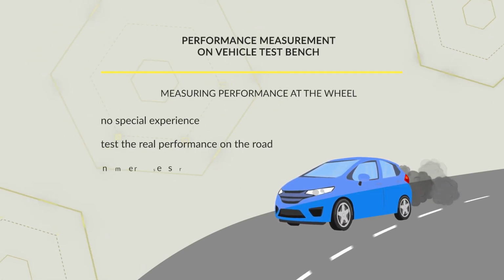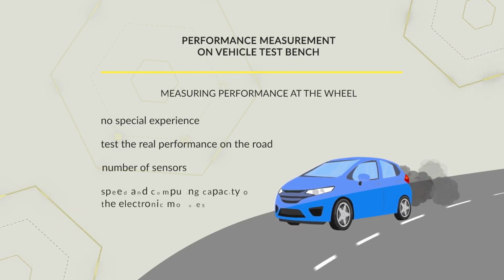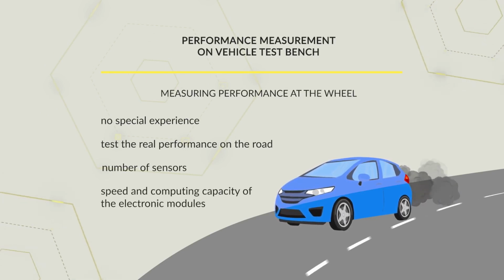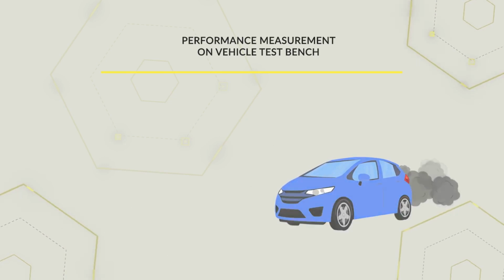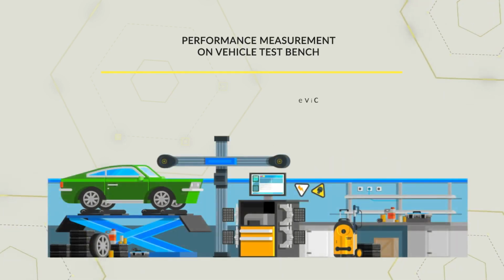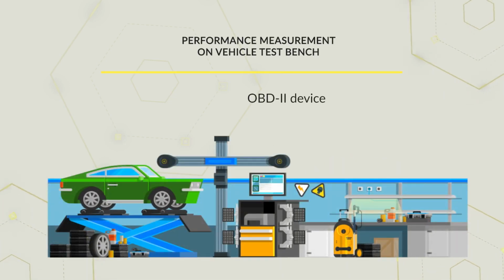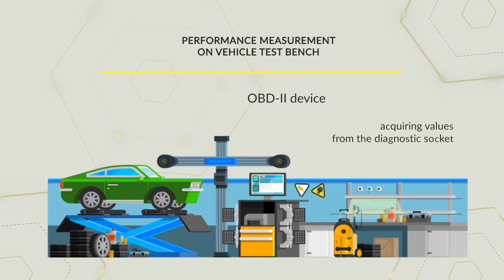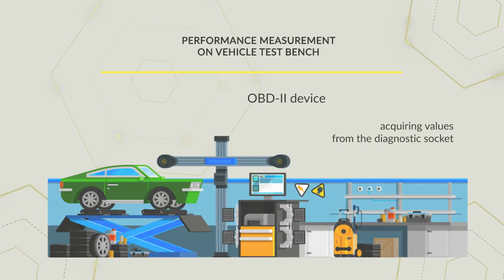The big difference is in the number of sensors and the speed and computing capacity of the electronic modules. Some of the previously described instruments have an OBD2 device capable of acquiring some values from the diagnostic socket that allow a significantly increased number of measurements to be made, or allow them to be associated with engine operating parameters.